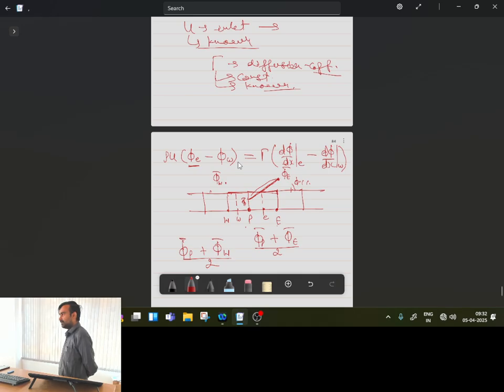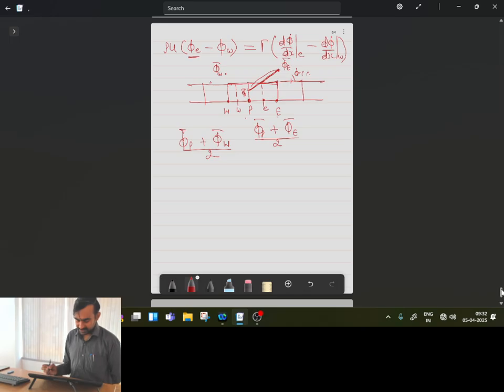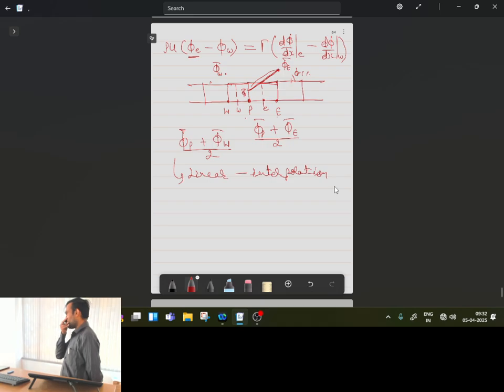So ultimately there are different criteria. At present, what I have done is phi bar P plus phi bar W by 2, and this entire thing I can simply call linear interpolation, because I have used only two node points, so it can define only the equation of a straight line.